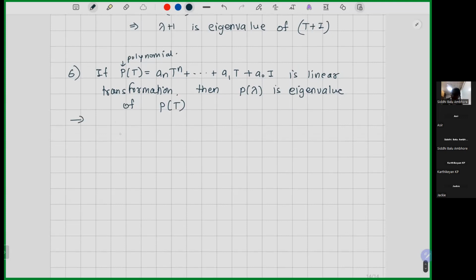Because P(T)(v) is a_n T^n v + ... + a_0 I v, and this is a_n T^n v + ... + a_0 v.